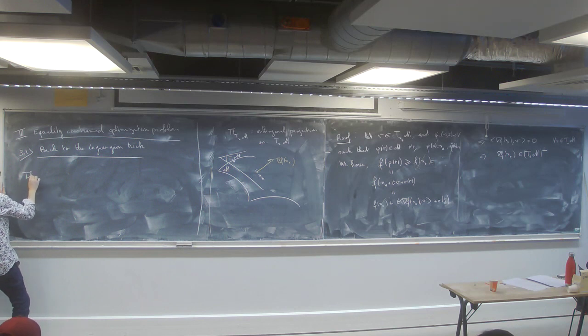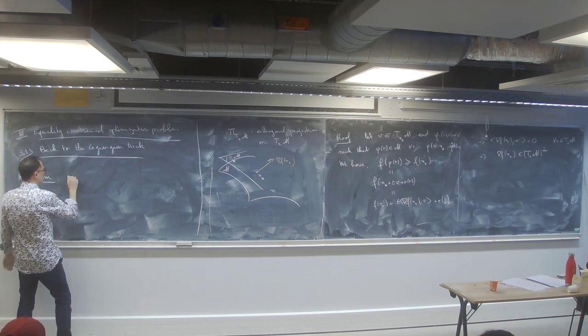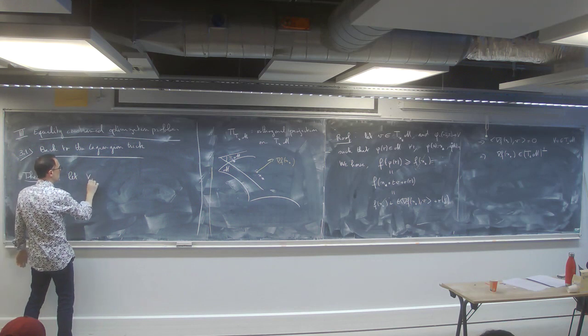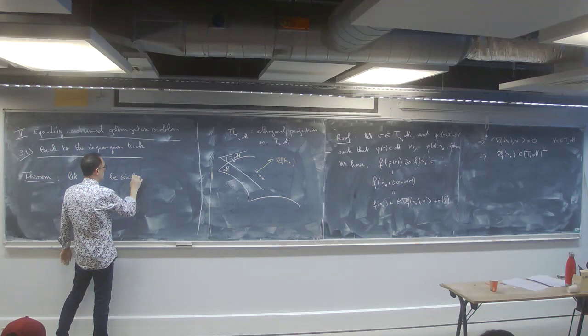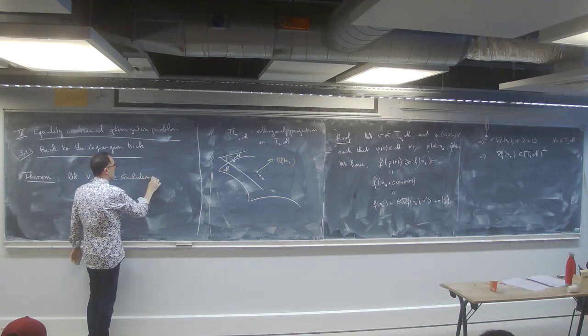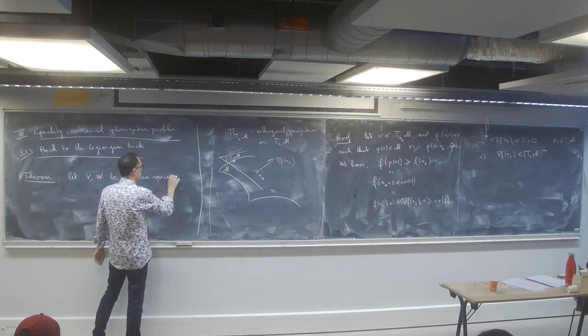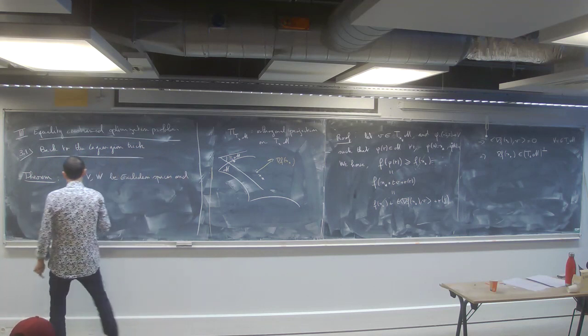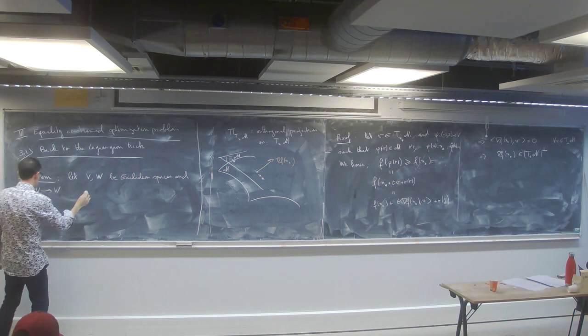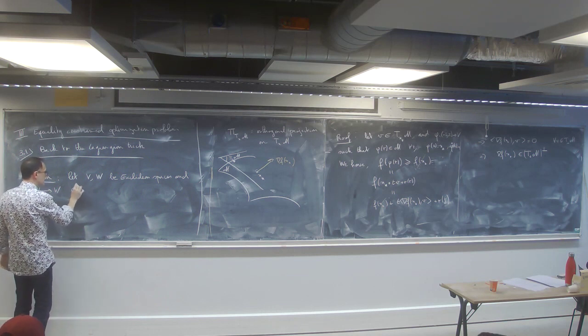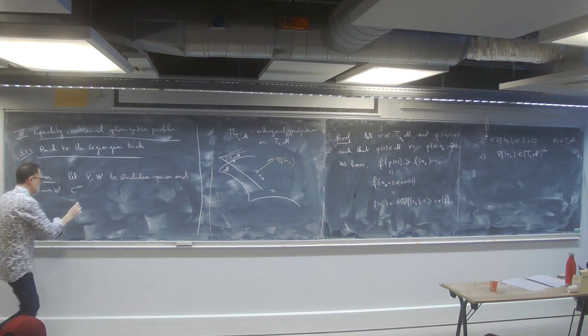So let's do the theorem. Let V, W be Euclidean spaces, and G, C infinity, smooth.